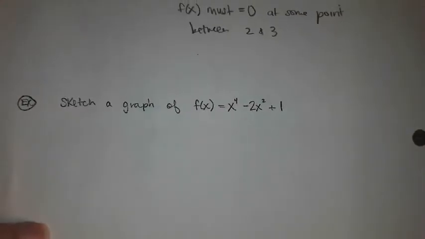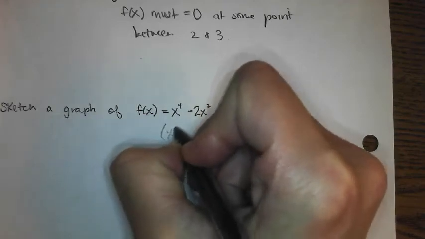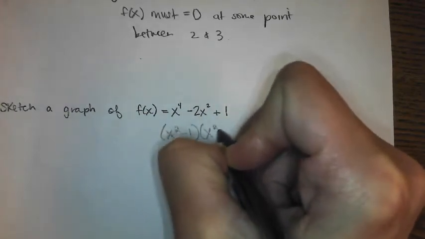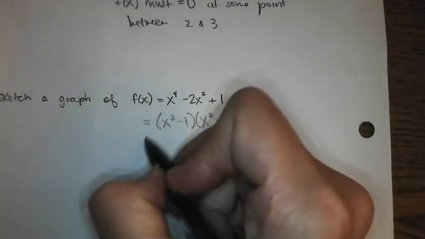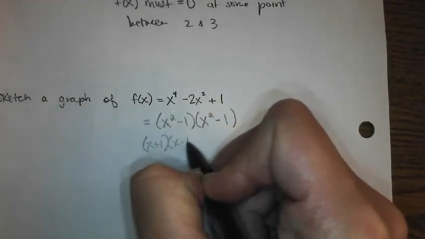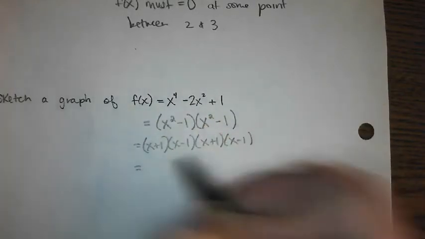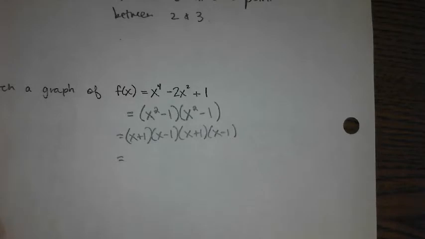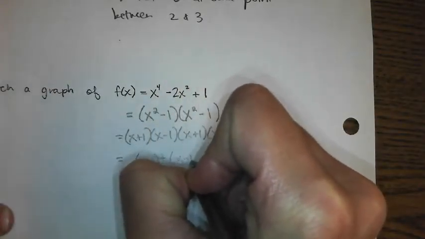Sketching this graph, if we're going to get the roots, we're going to try to factor, and this factors into x squared minus 1 and x squared minus 1, which further factors into x plus 1, x minus 1, x plus 1, x minus 1, which is more condensely written as x plus 1 squared and x minus 1 squared.